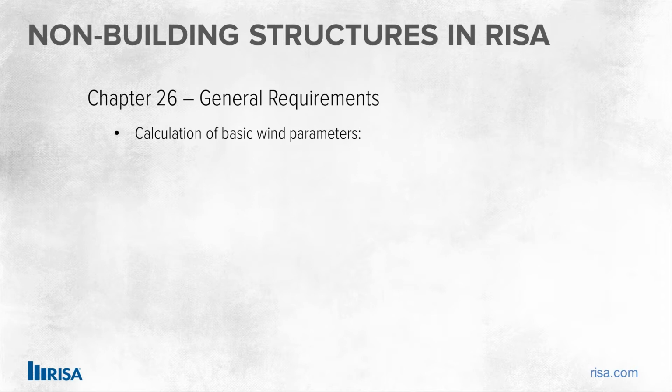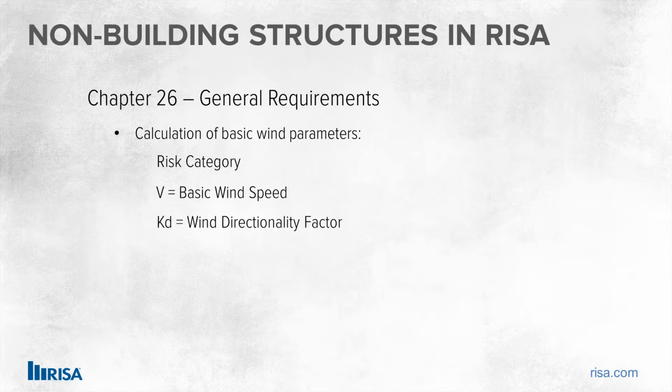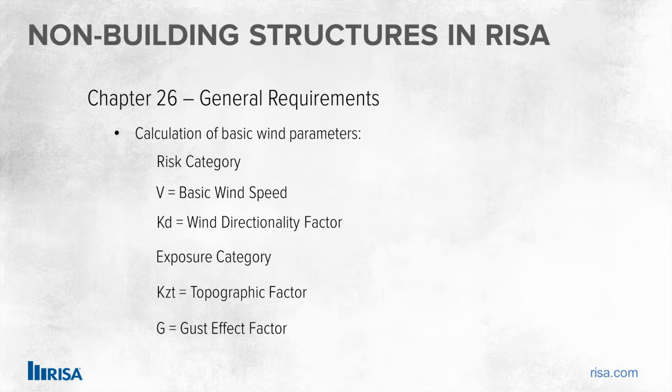And 26 is general requirements, talking about how we figure out common wind parameters that are applicable to all structures. So that would be things like risk category, your wind speed, the directionality factor. This is dependent on the shape of the structure. The exposure category, which is dependent on the site. The topographic factor, which is also dependent on the site. And lastly, the gust effect factor.